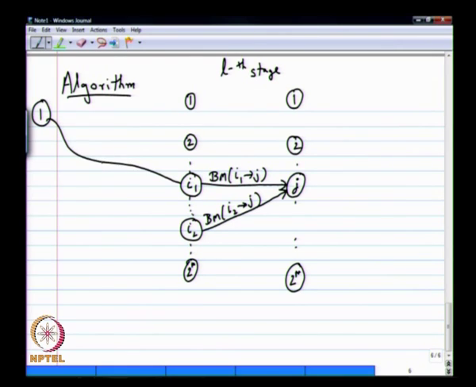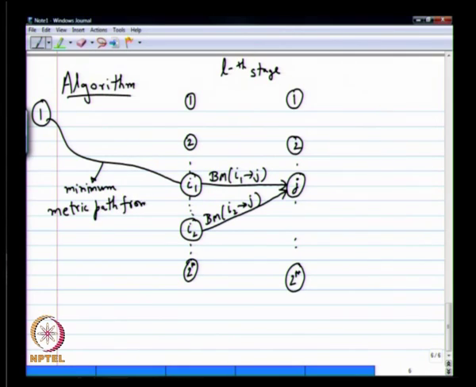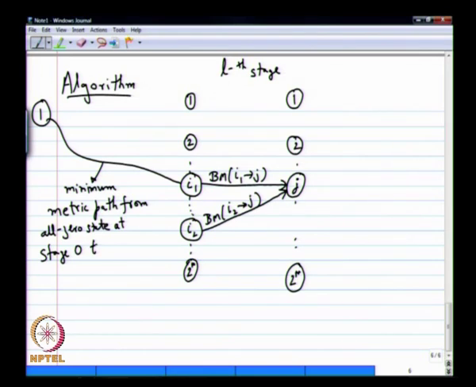This will be the minimum metric path from all 0 state at stage 0 to state I1 before stage L.